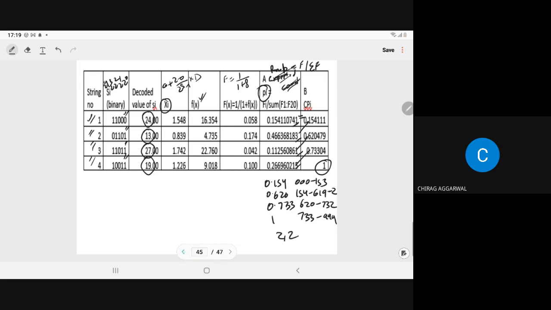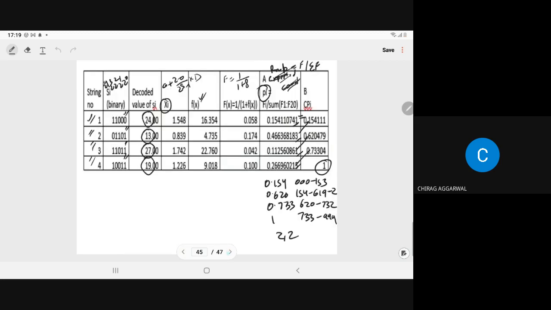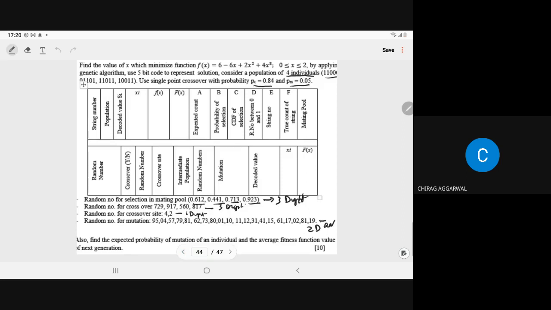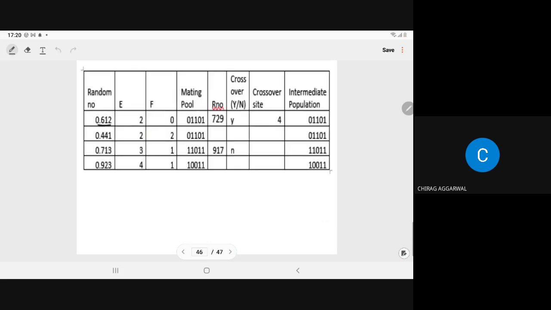Then 713 also lies in the third, and then 923 lies in string 4. So here we have 2, 2, 3, 4. String numbers are 2234. You can see there is no string 1.